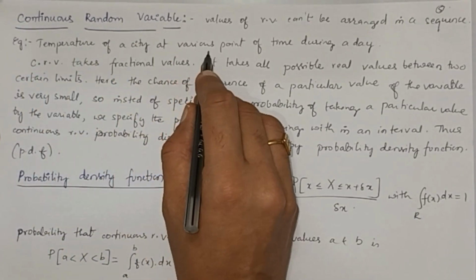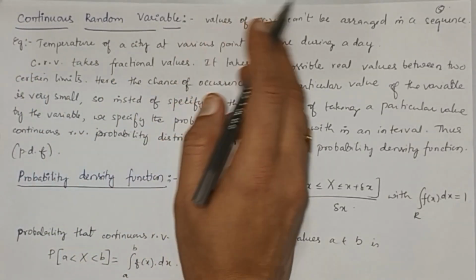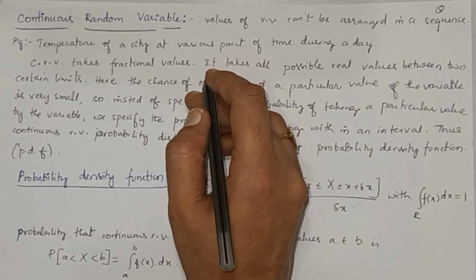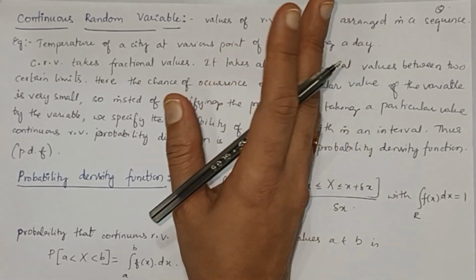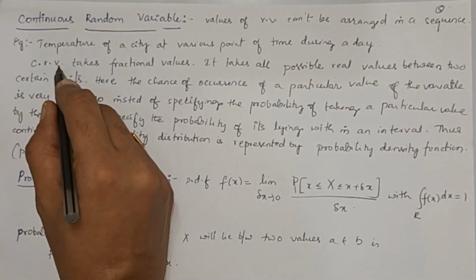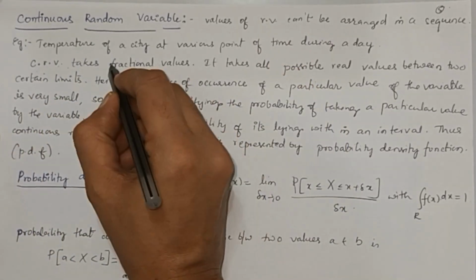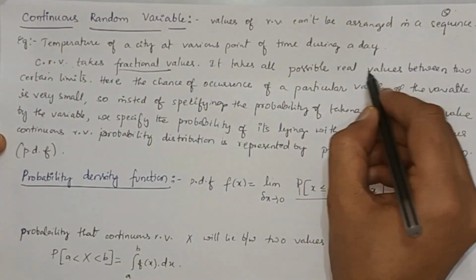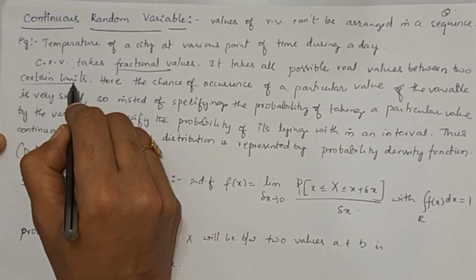Temperature of a city need not take only whole numbers. Temperature like 40 degrees Celsius, 40.2 degrees Celsius, 40.5 degrees. So it takes fractional values as well. Continuous random variable takes all possible real values between two certain limits.